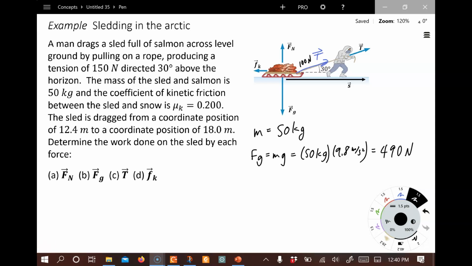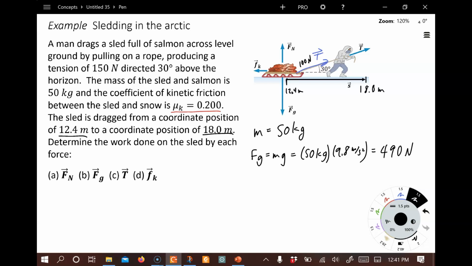And we're also given the coefficient of kinetic friction here. And we're told that the sled is dragged from a coordinate position of 12.4 meters to 18.0 meters. So here we've got 12.4 meters. That's your x value. Here you've got 18.0 meters.